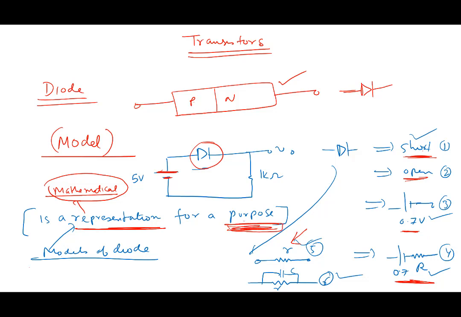So depending on the purpose, depending on the circuit, you may be able to consider diode as a short, or as an open, or as a 0.7 volt, or as a simple R, or as an R parallel C here. So depending on where you are deploying the model, each one of these things may be applicable. Okay, so it's important to remember the context in which you are applying it here.